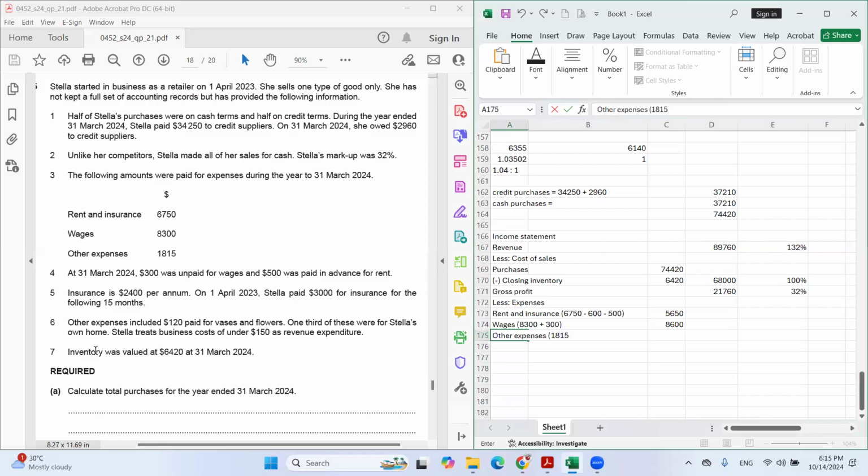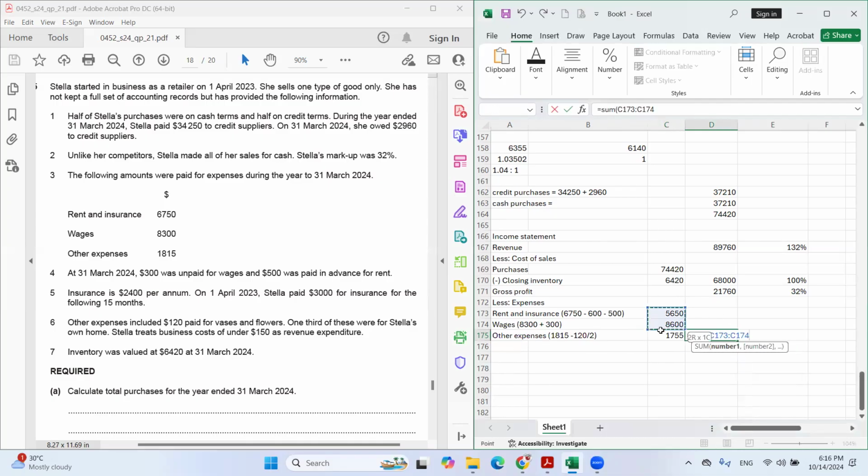So we have to minus 120, half for it. And then Stella treats business cost of under 150 as a revenue expenditure. So this one we divide by 2 because half only. So take 1815 minus 60. So this is the amount that should be recognized as expenses.